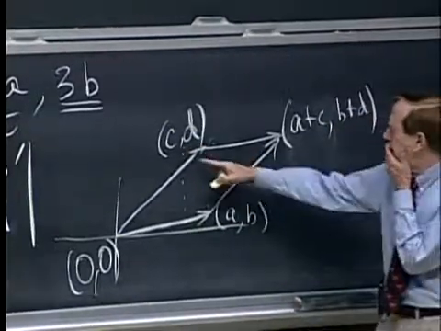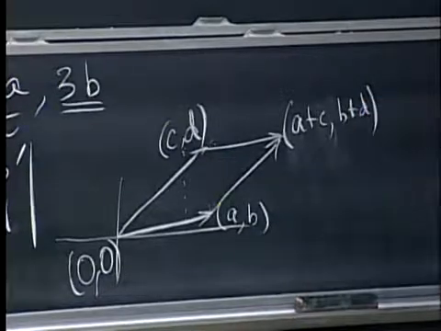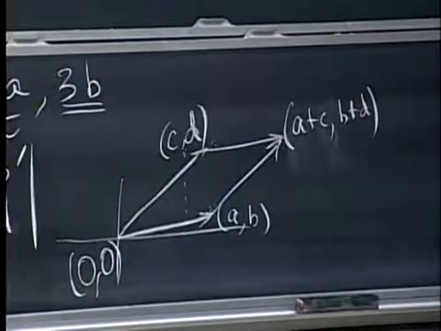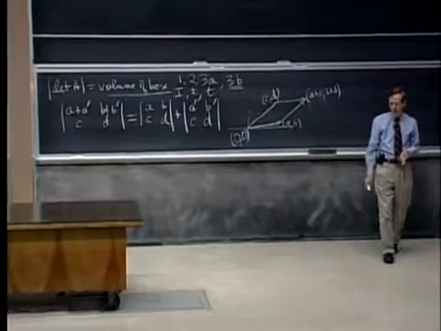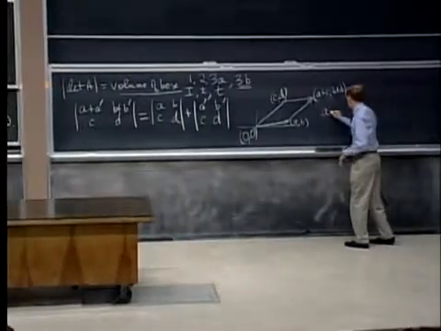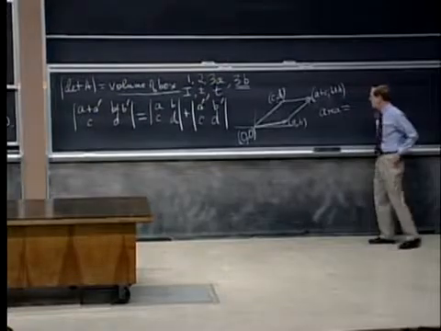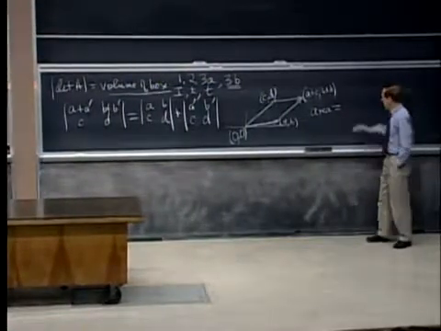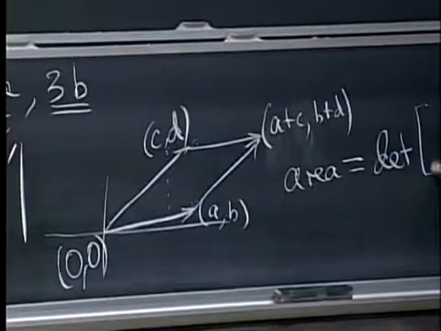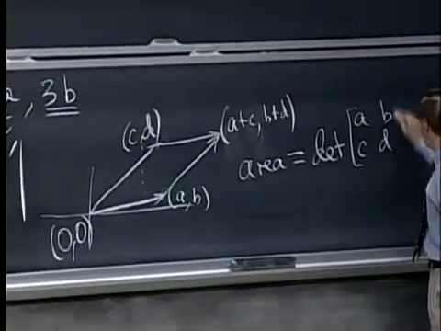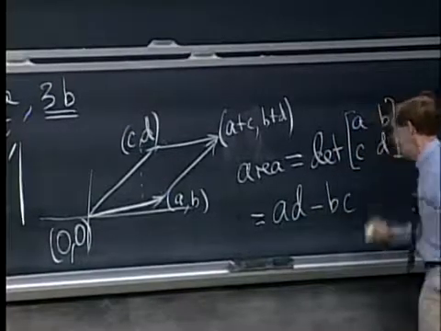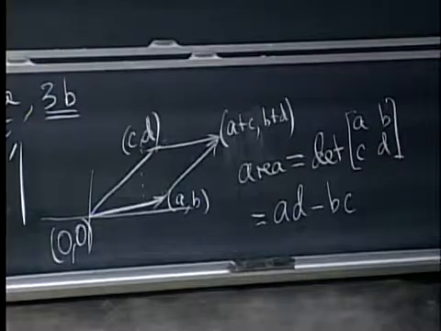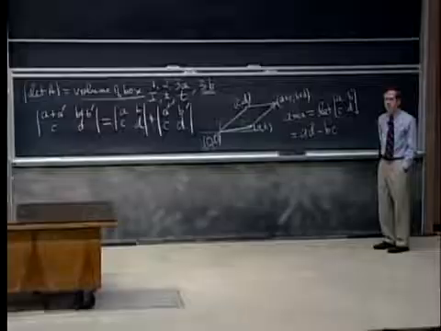It's horrible. I mean, we got square roots, and in that height there would be other revolting stuff. But now what's the formula that we now know for the area? It's the determinant of our little matrix. It's just AD minus BC. No square roots.